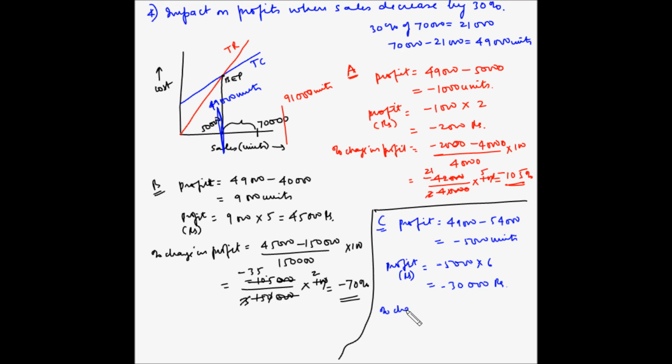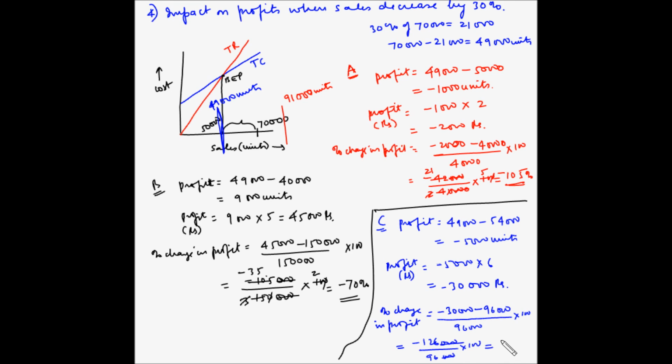And percentage change in profit is the new profit, which is minus 30,000, minus the old profit, which is 96,000, divided by the old profit, which is 96,000, multiplied by 100. So this is equal to minus 126,000 divided by 96,000 multiplied by 100.